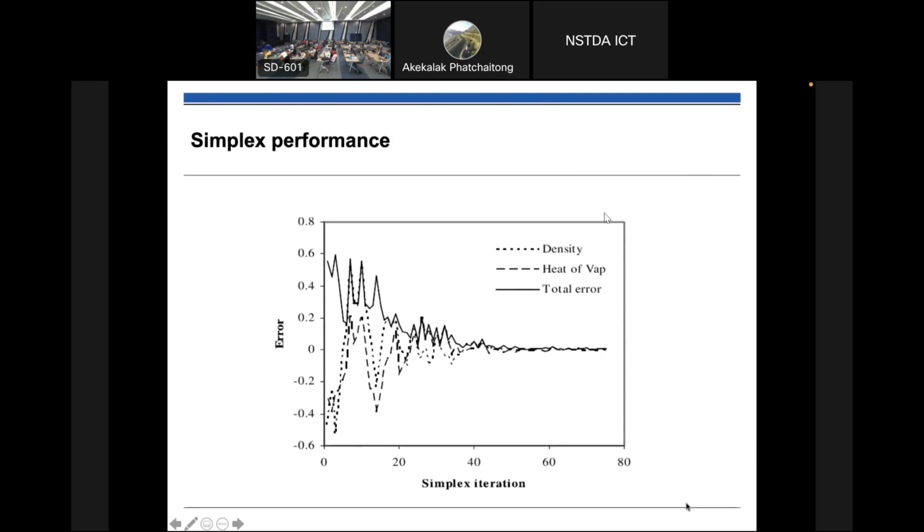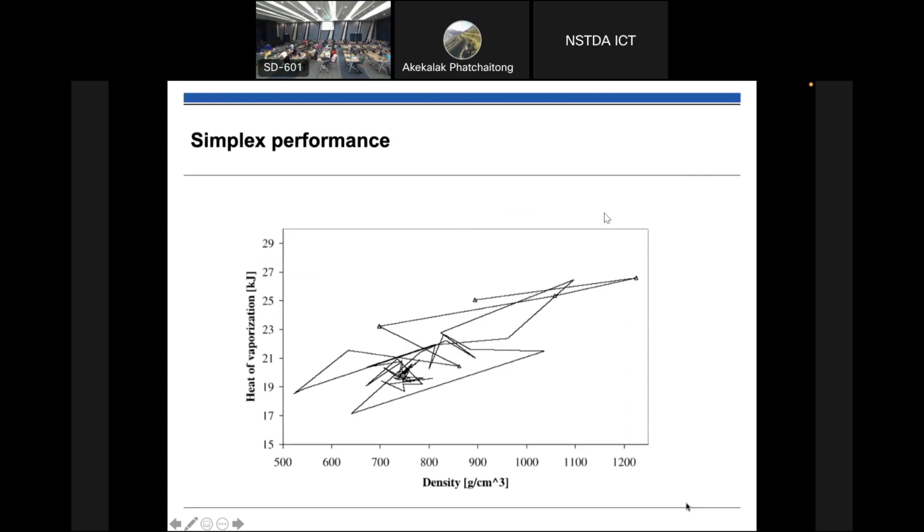It automatically changes the parameters within a bound and optimizes the target properties. If you plot the heat of vaporization and density together in the same plane, this is our target, and you see how the simplex run basically sampled the space.